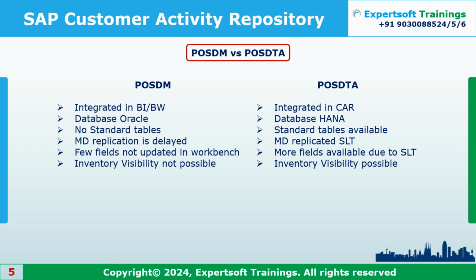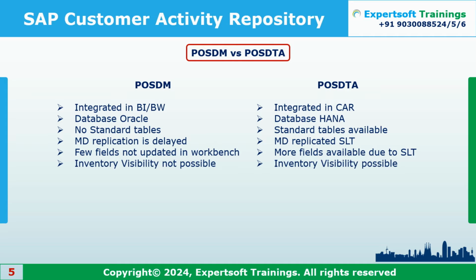Okay, Balaji. So these are some of the differences between POS TM and POS DTA. To summarize, earlier in POS TM there were no standard tables as such. The database was Oracle, and not a lot of master data replication used to happen. It was just acting as a pipe, and you could not see inventory and other things.